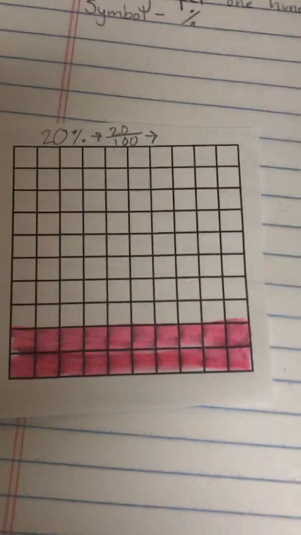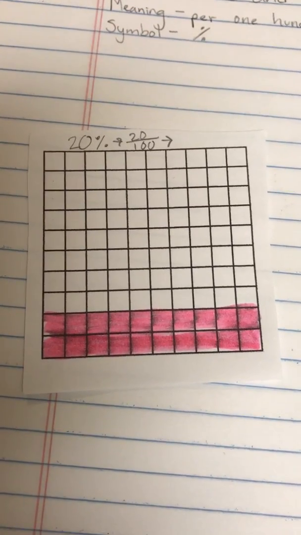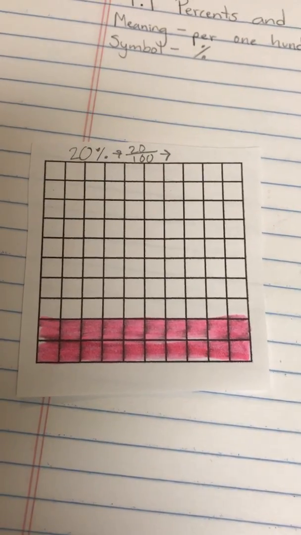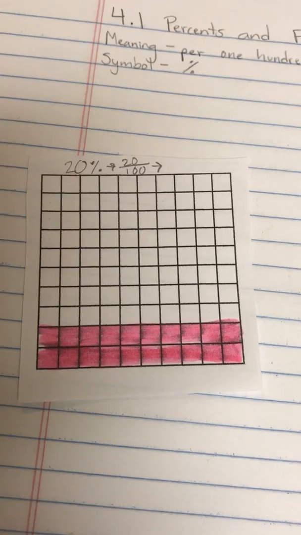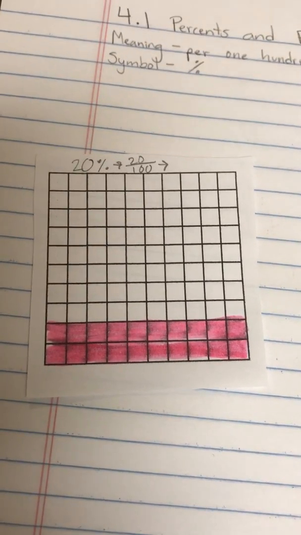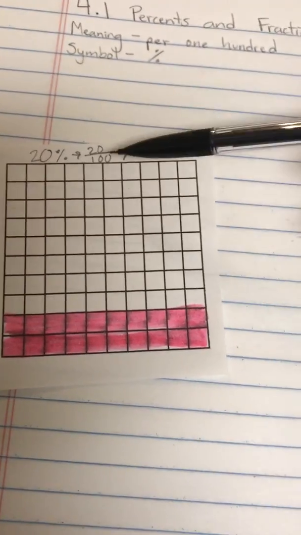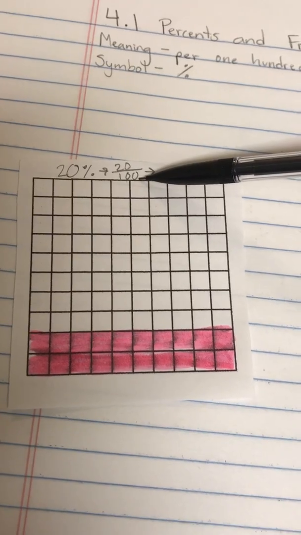So if we're trying to simplify 20 100ths, we need to find our GCF, our greatest common factor. Now, these are some big numbers, so an easier way to think about this would be, let's just think about money, okay? Now, the GCF is going to end up being 20, okay? And the reason I figured that out is that how many $20 bills does it take to get to $100?